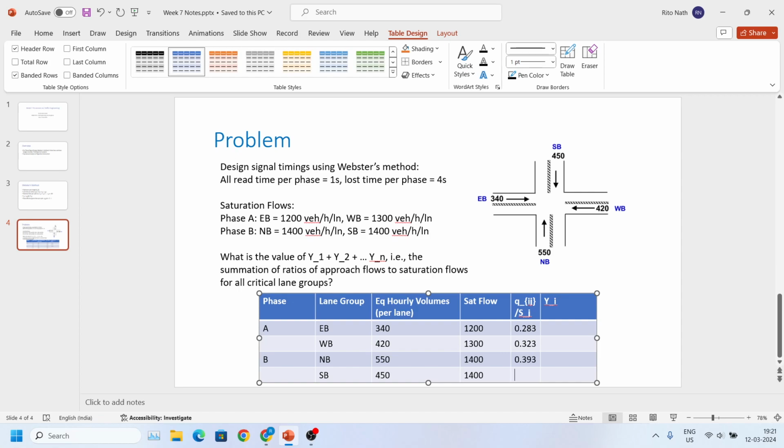And then you have 450 divided by 1400, which is 0.321. So here you have to pick this one, 0.323, and here you have to pick 0.393. So if you add those two up, the summation becomes 0.716. So that would be your answer.